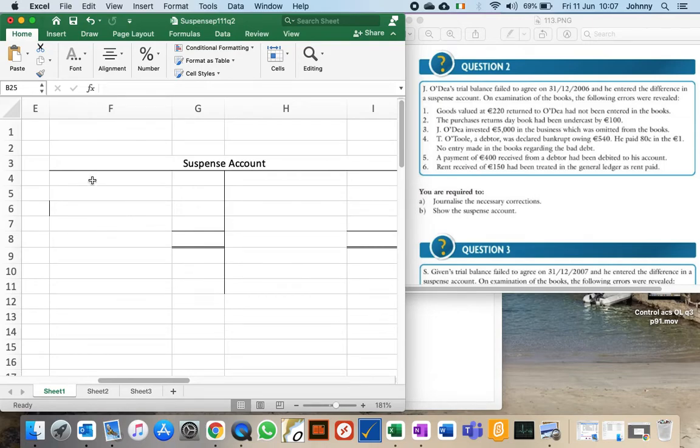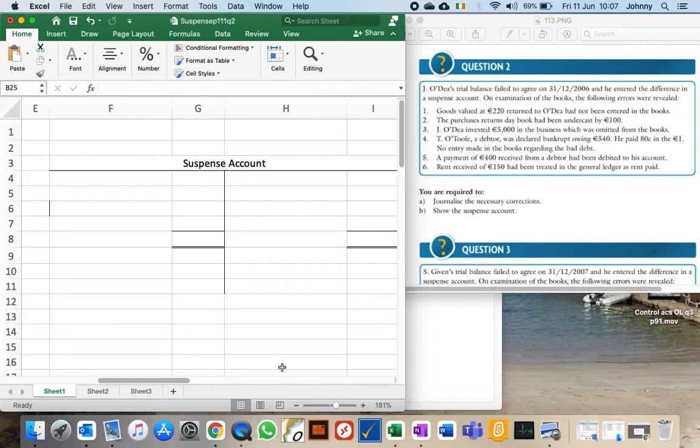It was created when the trial balance was done, and we found that the two sides didn't add up to be the same. So there was a balance put into the suspense account. We just don't know what the balance was and what side it was on. So I'm going to leave the first line of the suspense account blank, so that at the end, the difference between the two sides will tell me what the original balance was. We'll see this as we go through this now.